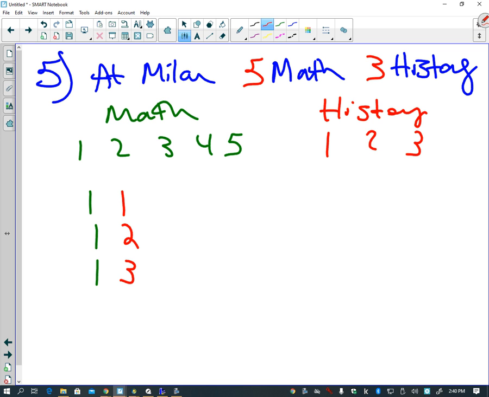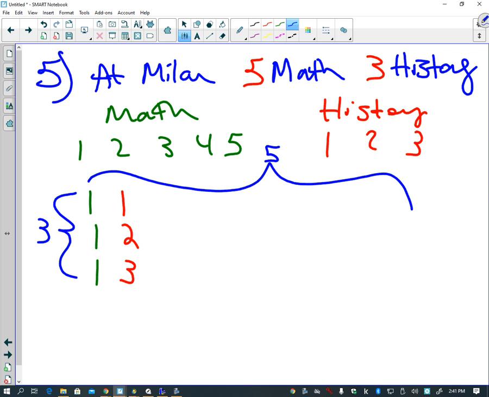How many more times would we have to run this out? 5 more times, right? So, as we look at this, there's 3 options here, okay? And we would do this 5 times, right? So how many different combinations would there be? I think it's 15. Let me double check.